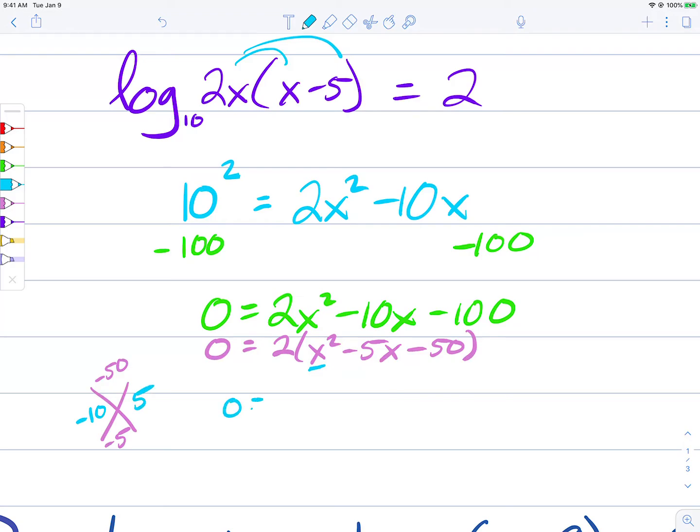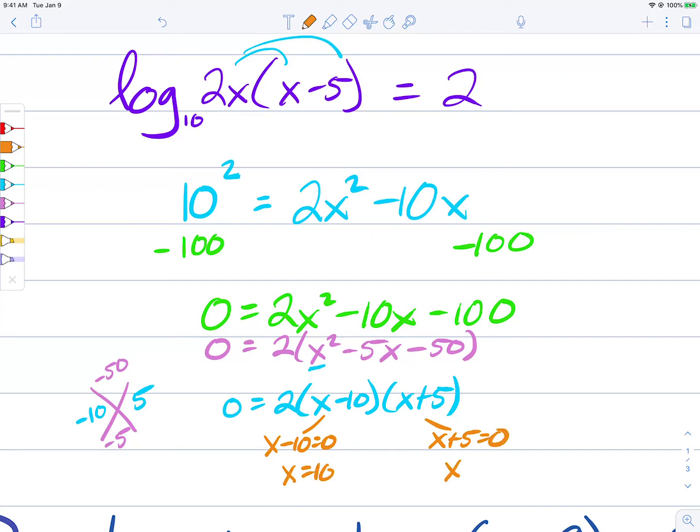So we now have 0 equals 2 times x minus 10 times x plus 5. The zero property problem says that if you have things that multiply to 0, one of them has to be a 0. So either the x minus 10 equals 0 or the x plus 5 equals 0, giving us x equals 10 or x equals negative 5.